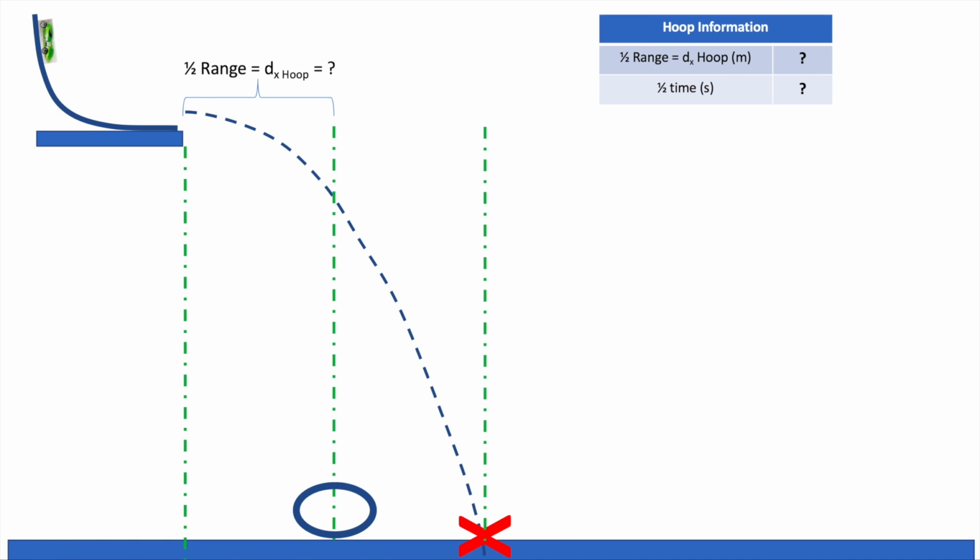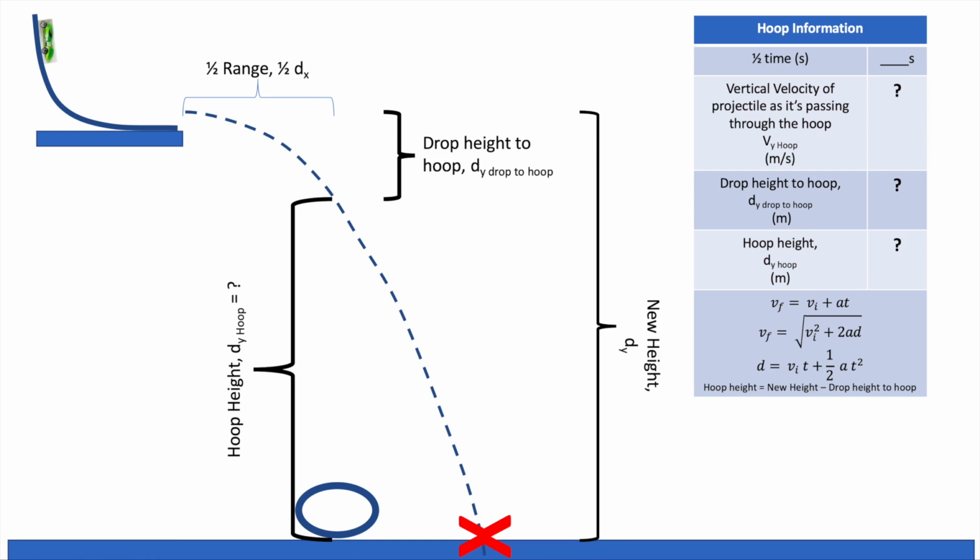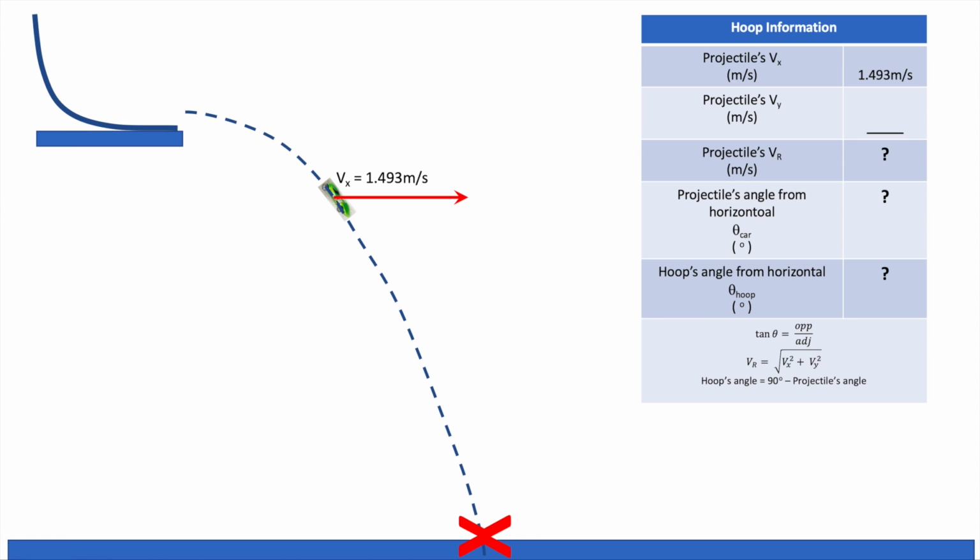And then what is the horizontal range, where you're going to be placing the hoop, and also what's going to be half the time. And then what is the vertical height that the hoop has to be placed at.